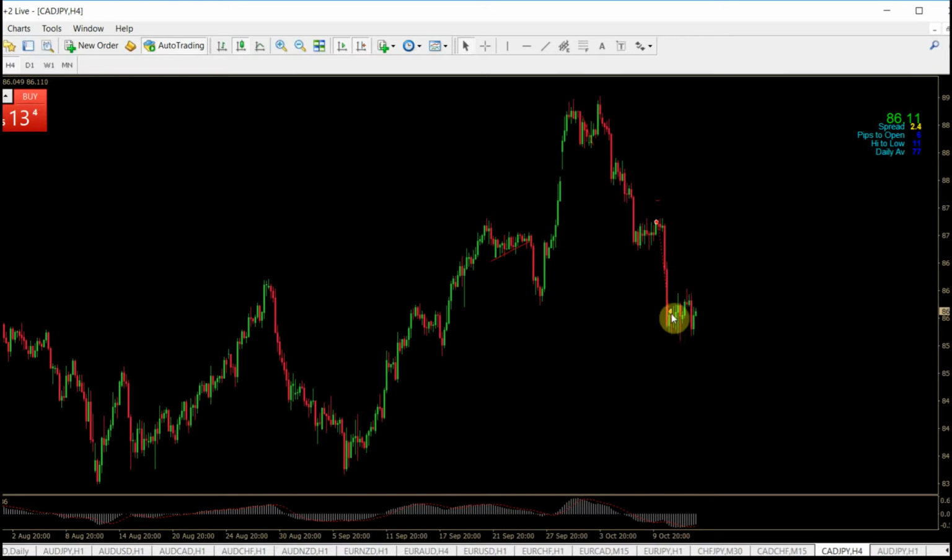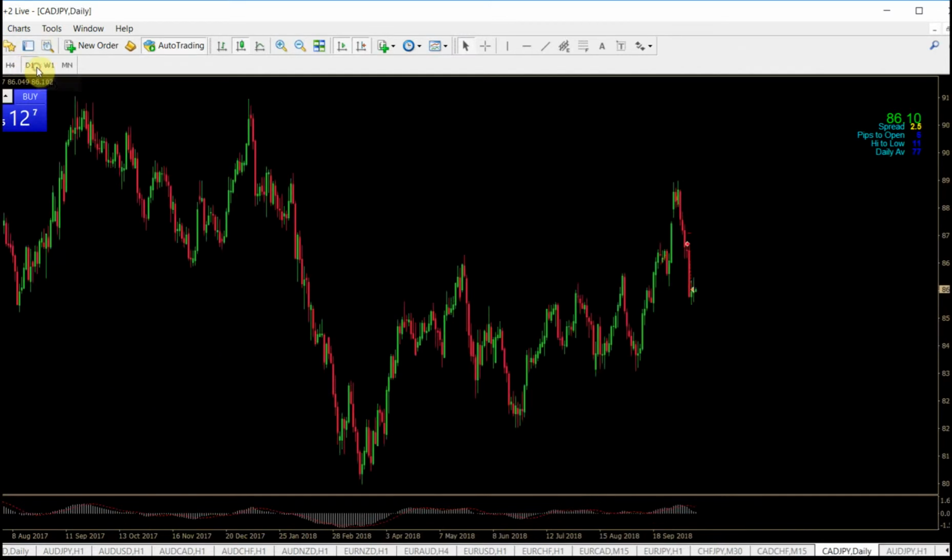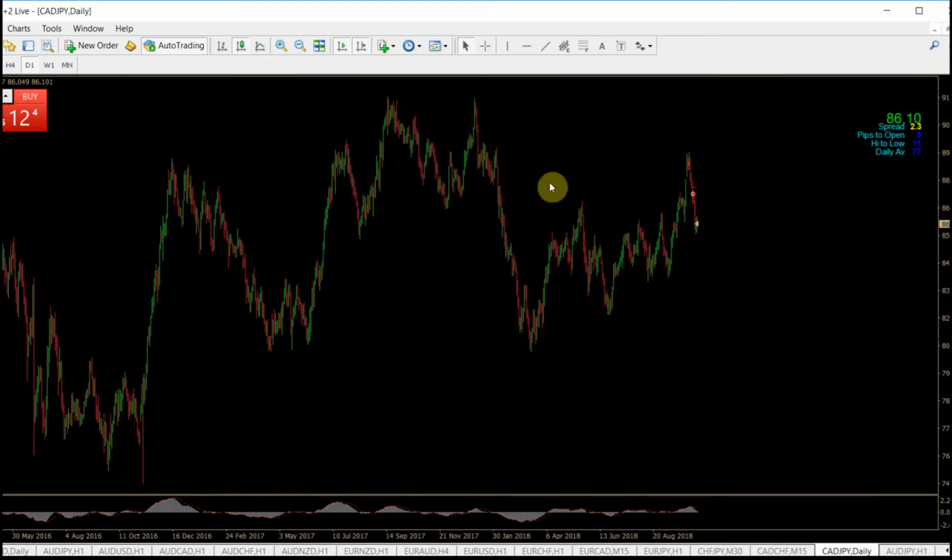And you can see it kind of corrected, went back, retested this low. And I think it'll probably chop around. But I do think this is going to keep going, and I will be looking for shorts to get back into this. Because, again, assuming that this was an ABC pattern, this is the 5-wave down, then the ABC up, then this is going to keep going, in my opinion. So I will be looking for shorts on the Canadian yen.